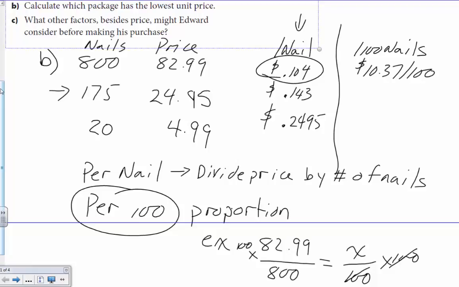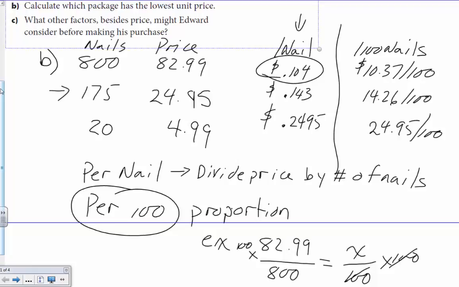And the next one would be $14.26 per 100, or $24.95 per 100. So you have a choice, whichever way makes more sense to you. So the best unit price is the pack of 800.